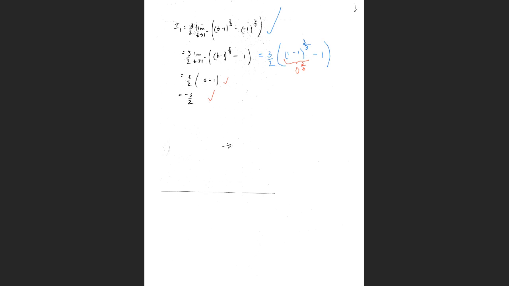And that is going to equal negative 3/2. So the first integral converged. And this means that now we have to pursue the second integral to see if that integral converges. Makes sense, right?